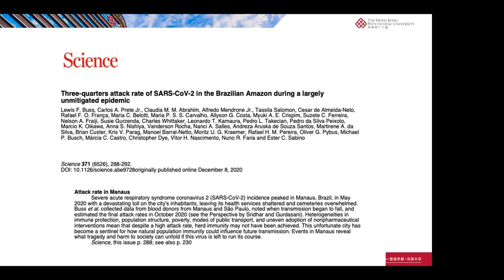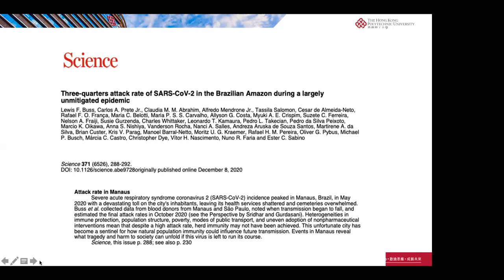They basically say that in November 2020, in the city of Manaus in Brazil, more than 75% of the population had been infected. Their conclusion is based on blood donor data, and many researchers think it is wrong.